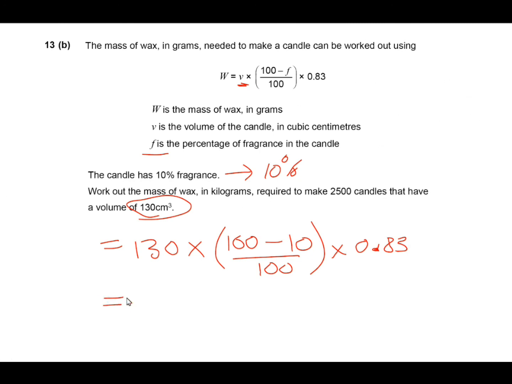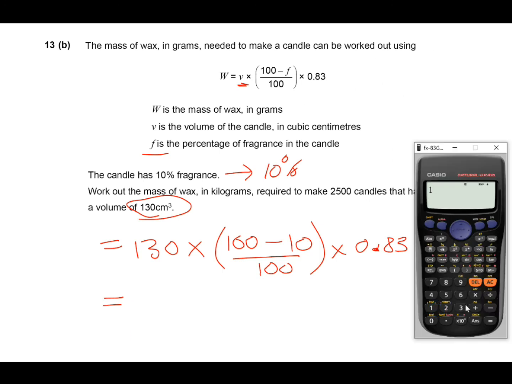Now, if you want to, you can put all of this into your calculator in one go. It's slightly tricky, so let me show you how to do that. 130, and we're going to multiply, then we have a bracket that has a fraction in it. The fraction on the top is 100, take away 10.